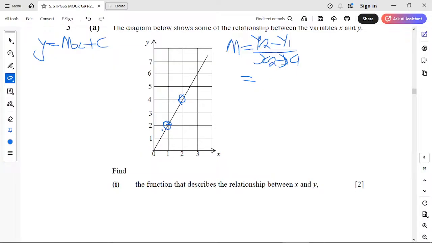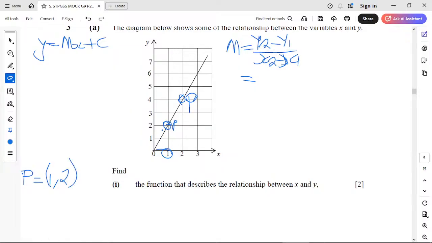Let's start with this point. This point we'll call P, and this one we'll call Q. Don't worry about the names, they are not even important. I just want to make it clear so that you understand what is going on here. So what are the coordinates for the point P? The reading of x-axis is 1, comma, y-axis is 2.